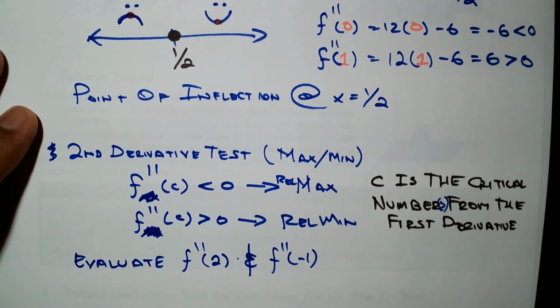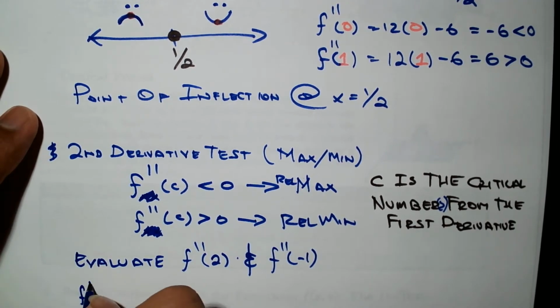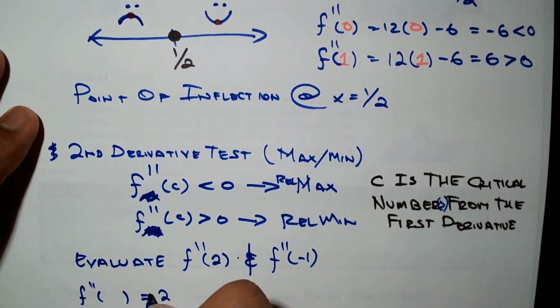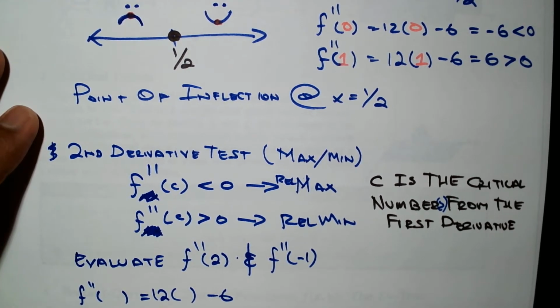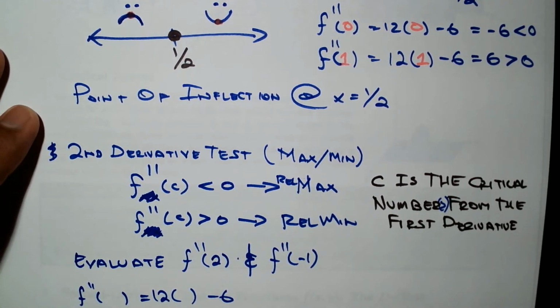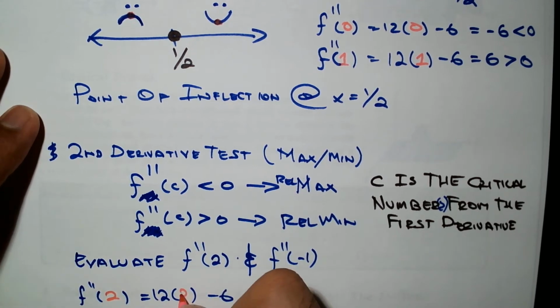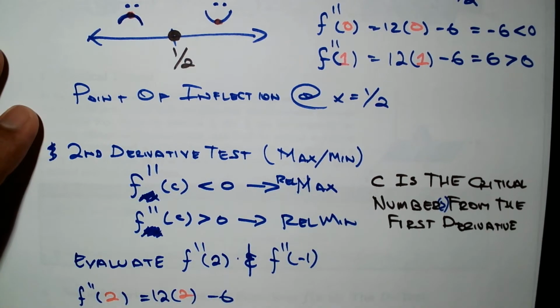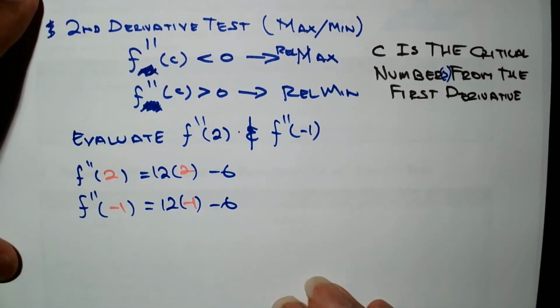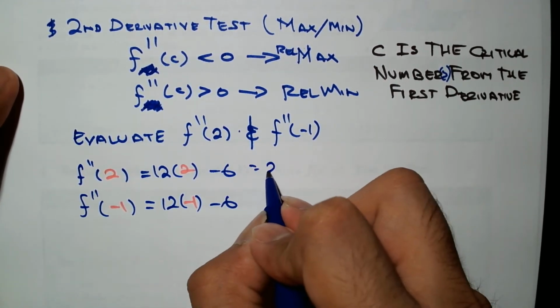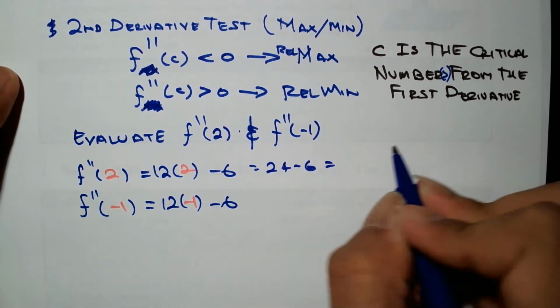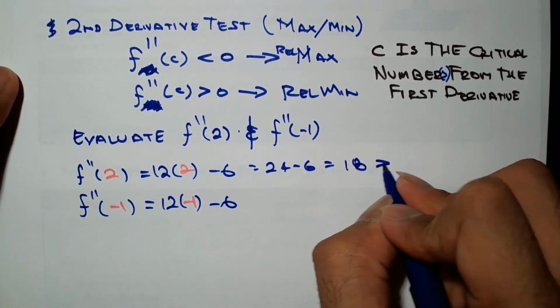Because we may have more than one critical number, f double prime at 2 and f double prime at -1, and just plug in the numbers. So 2, 2, and -1, -1. So 12 times 2, that's 24, minus 6, which is 18, which is greater than 0.